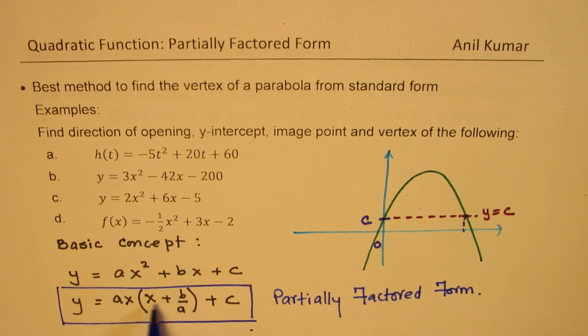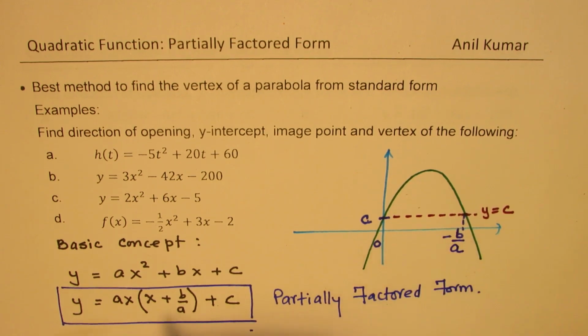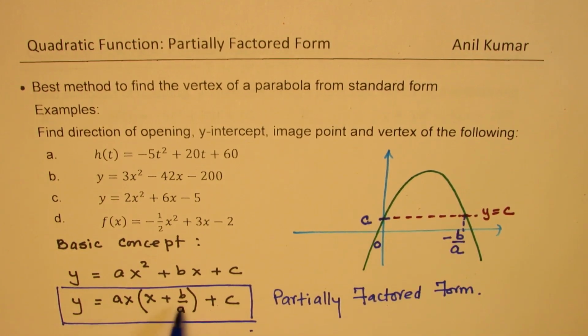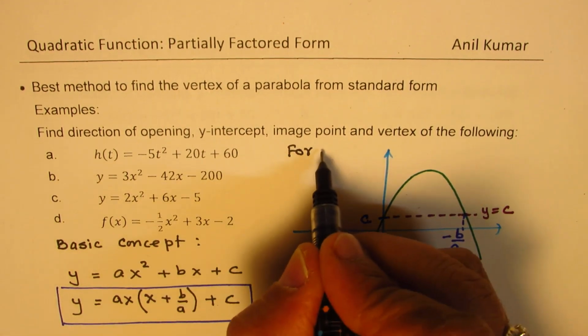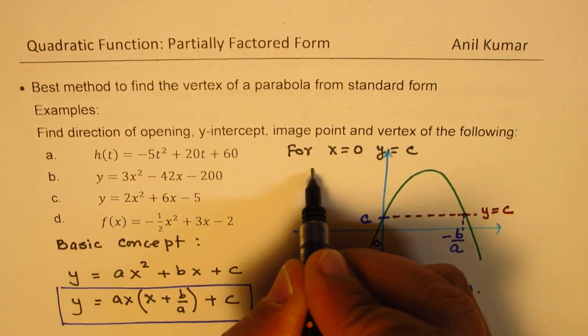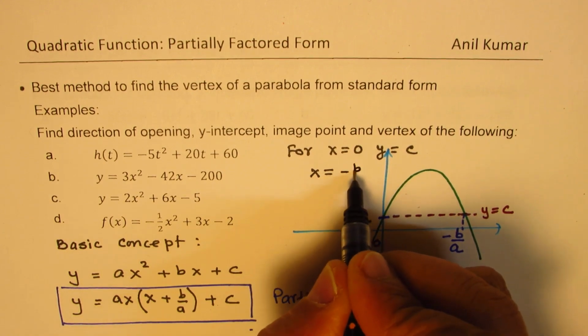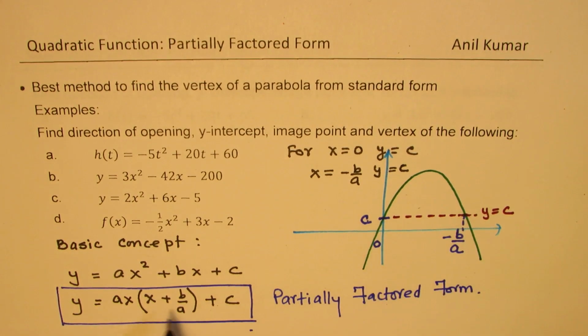As per this equation, this point here will be minus b by a. So what you notice here is that for x equals 0, y equals c, and for x equals minus b by a, y equals c. So for both these values, y is c.